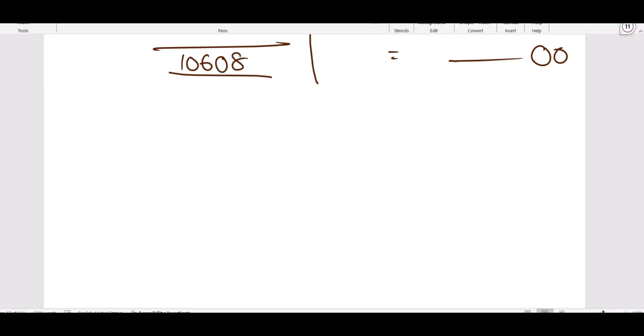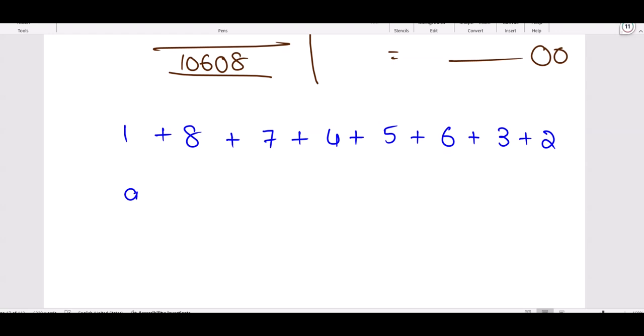So 1 cube units place is 1, 2 cube is 8, 3 cube is 7, 4 cube is 4, 5 cube is 5, 6 cube is 6, 7 cube is 3, 8 cube is 2, 9 cube is 9, 10 cube is 0. This is only from 1 cube to 10 cube.